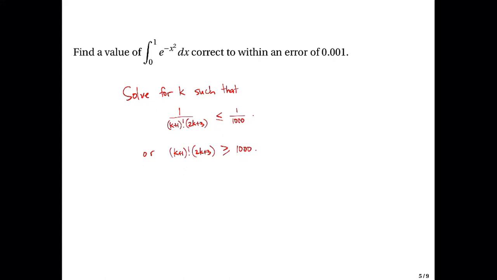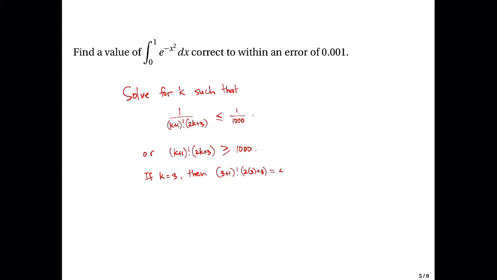Let's start with k equals 3. Then you will have 3 plus 1 factorial times 2 times 3 plus 3.